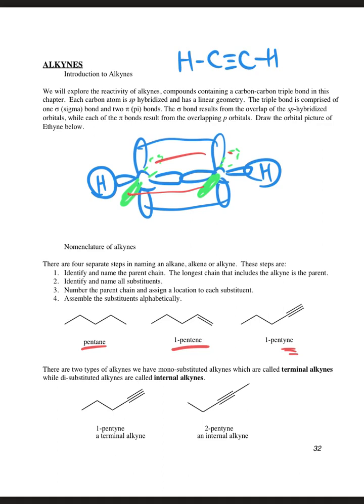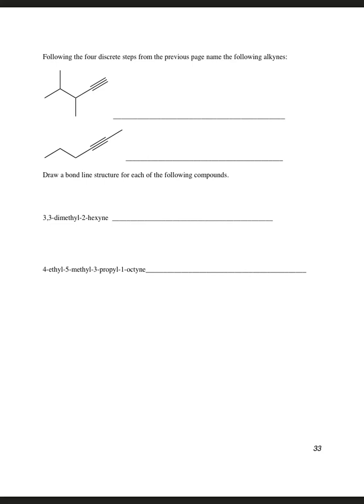So this would be 1-pentyne. 1-pentyne is a terminal alkyne, where it is on the end of the chain, so it has 1 hydrogen off of it. 2-pentyne is an internal alkyne, where it has alkyl groups off of each end of the triple bond. There is one difference in reactivity of these two that we'll get to in a little bit.